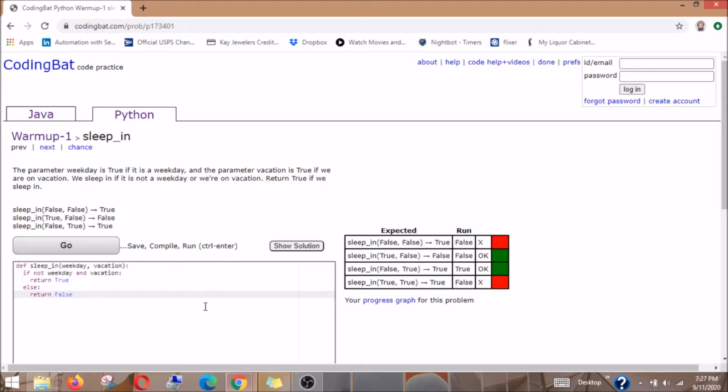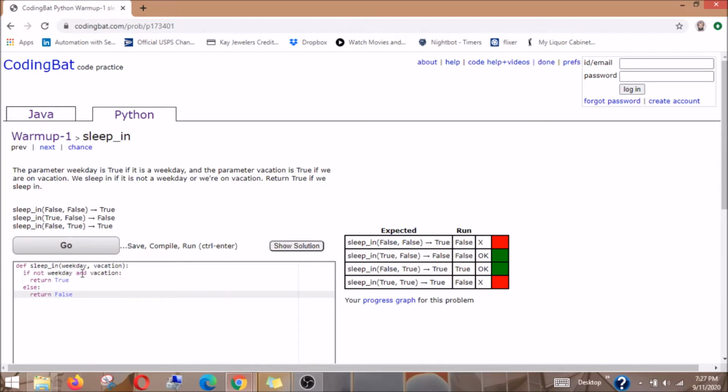Oh, so we got an error. What is the error? Let's see. If both are false, I am returning false. Oh yeah, if not weekday is false and vacation is true, then it is true. So we understood the question wrong.